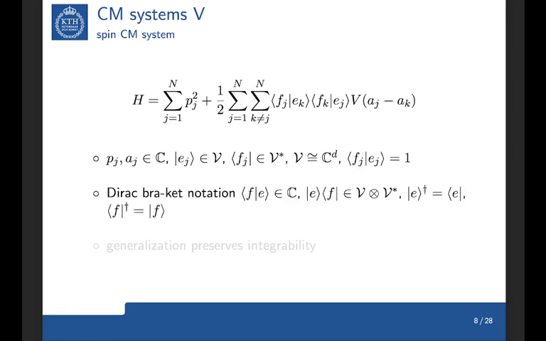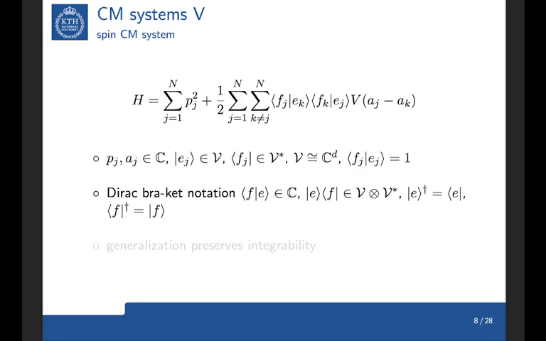So this is Dirac bra-ket notation. So this juxtaposition of a bra to the left of a ket indicates an inner product, while the other way around indicates an outer product, which lives in the tensor product of V with its dual. We also use this notation dagger to indicate Hermitian conjugation, so this takes us between V and V star. So this is enough to define the Hamiltonian.